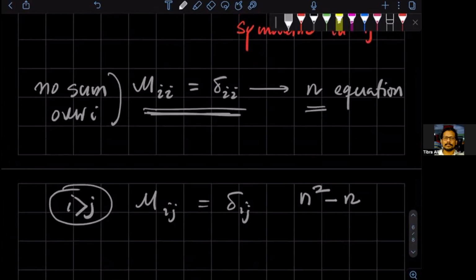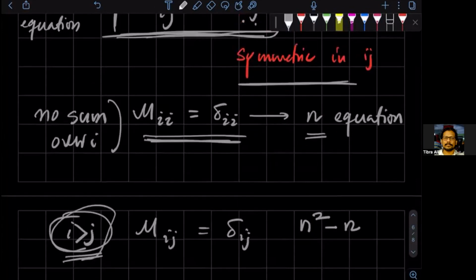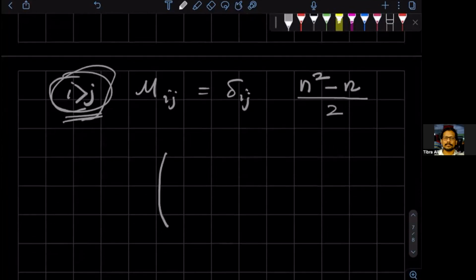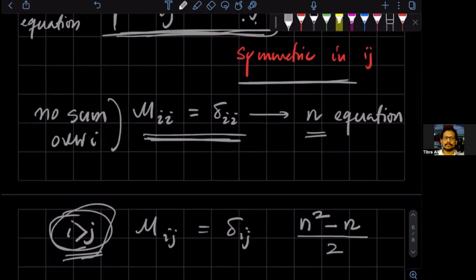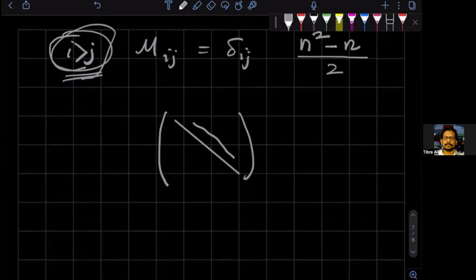So you subtract them because they are not part of the i greater than j case. But since this is a symmetric equation, i greater than j and j greater than i are the same. If you look at just i greater than j, it would be half of this, because these diagonals are these equations, and i greater than j are just these equations.